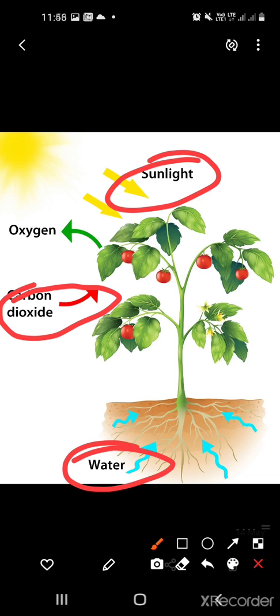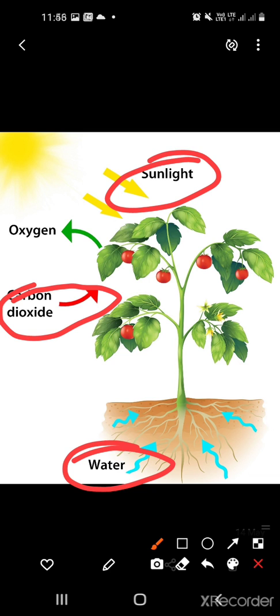So photosynthesis happens and then the leaf prepares food for the plant, which helps it to grow and stay alive.